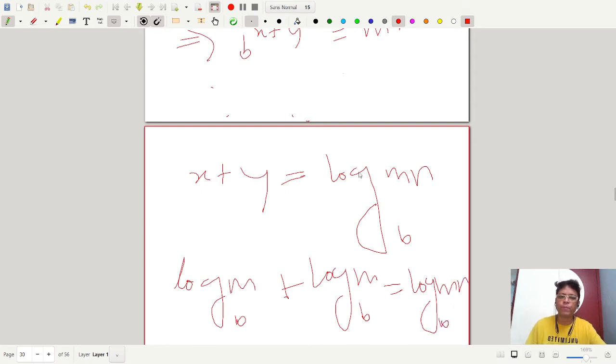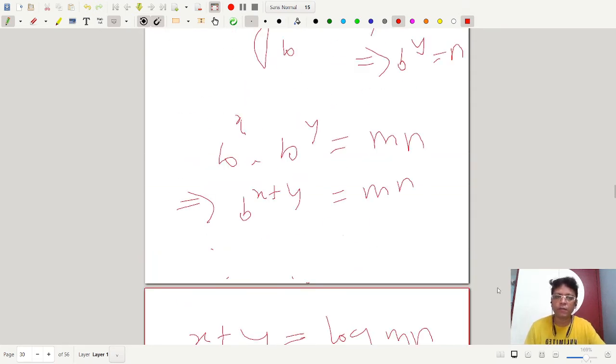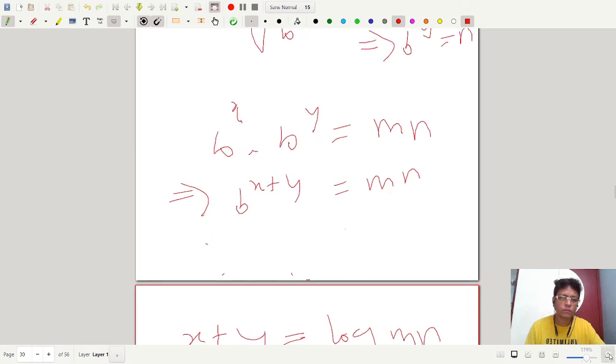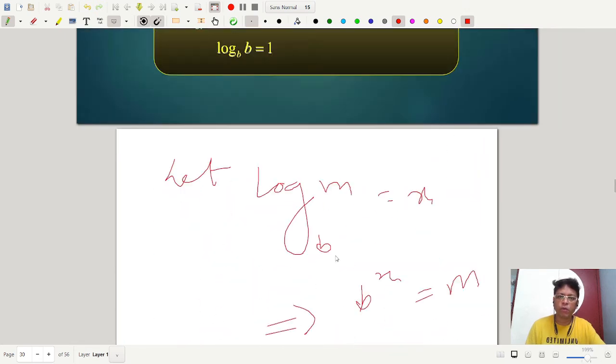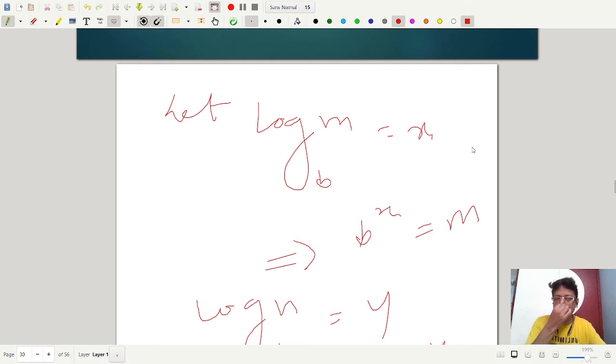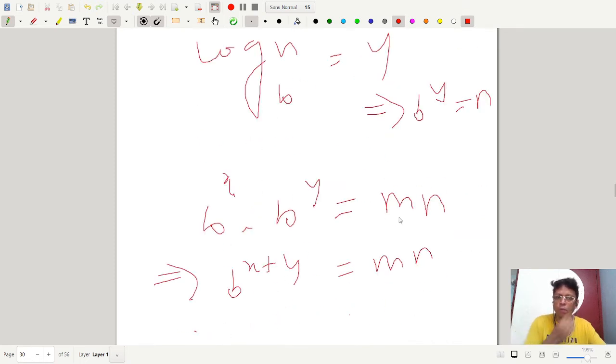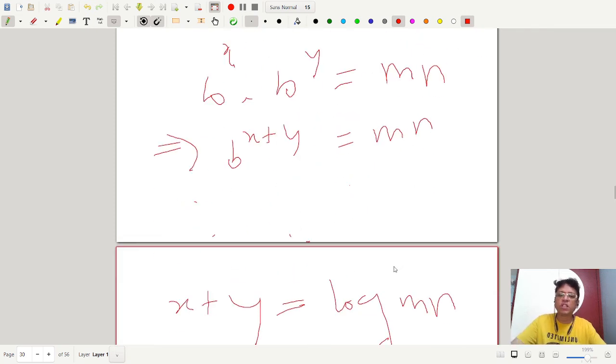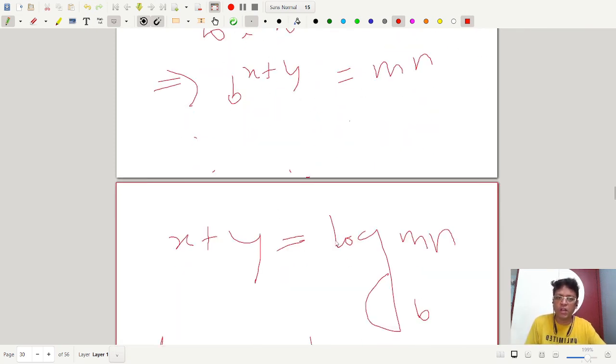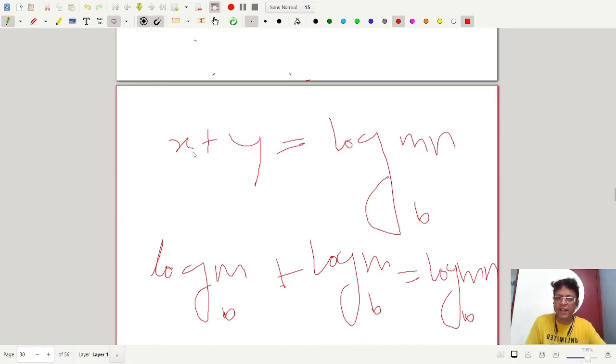It's very simple. So I'm assuming log m base b as x, which implies b to the power x is m. Log n base b as y, b to the power y is n. So multiplying, you have b to the power x plus y as mn, and using the definition of log, x plus y equals log mn base b, where x is log m base b, and y is log n base b.